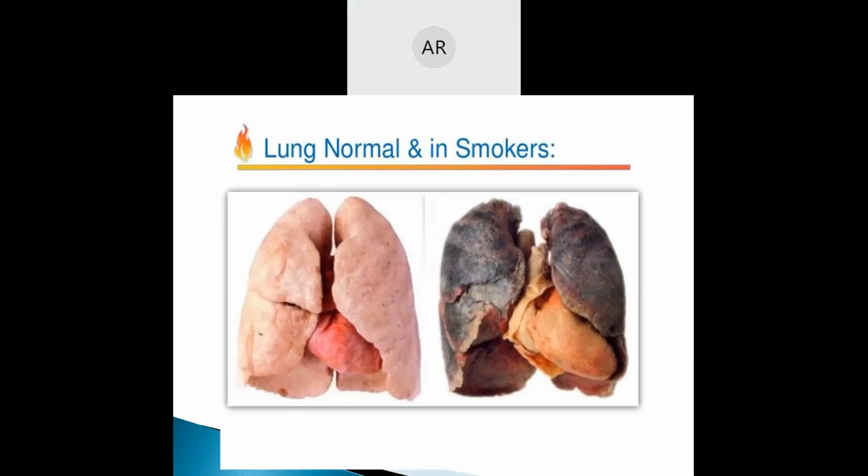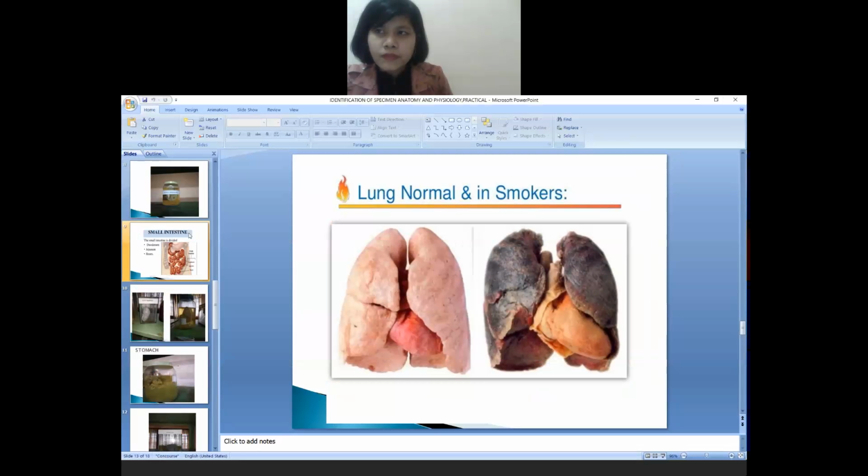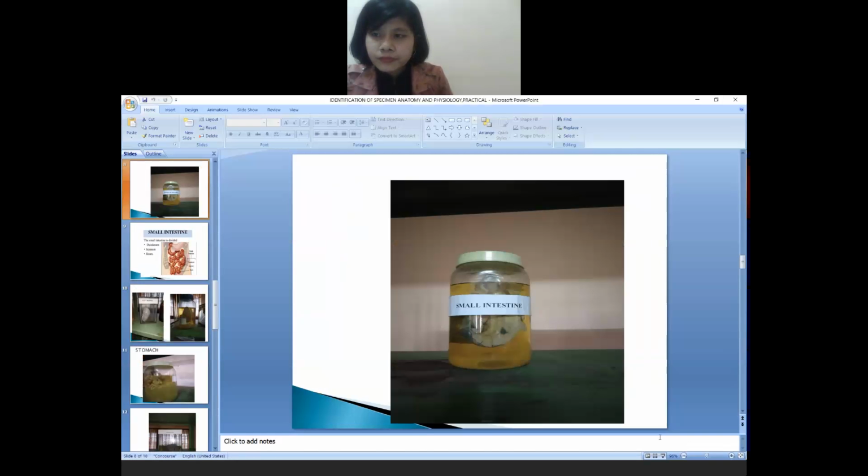So which one will you choose? Lungs. Small intestine. Which one, lungs or small intestine? Small intestine.